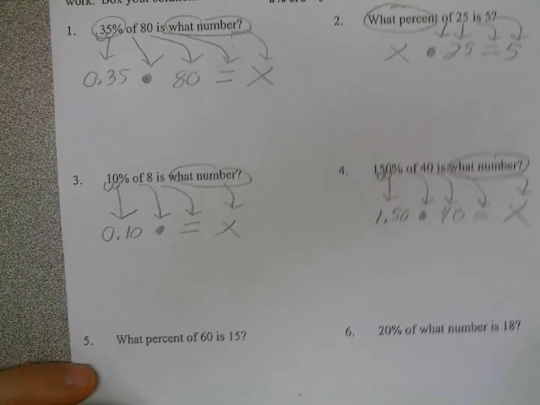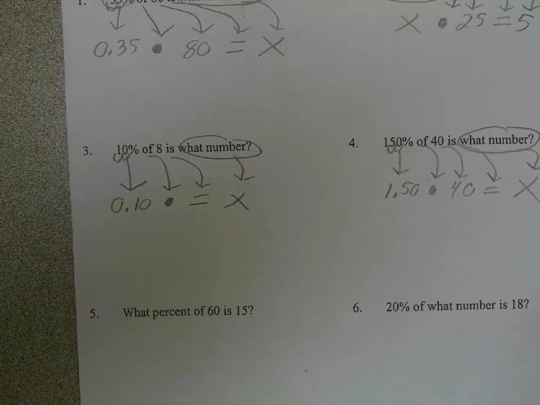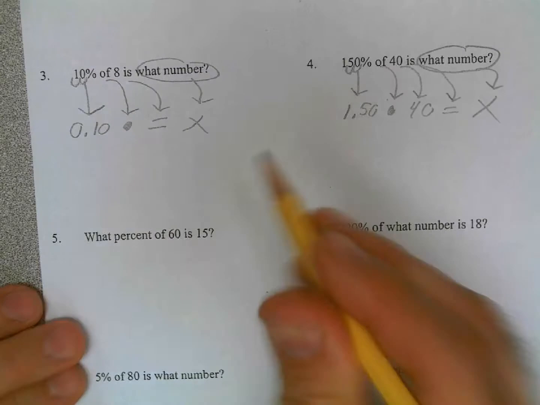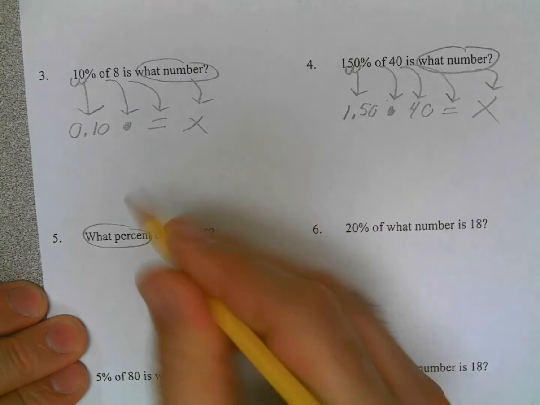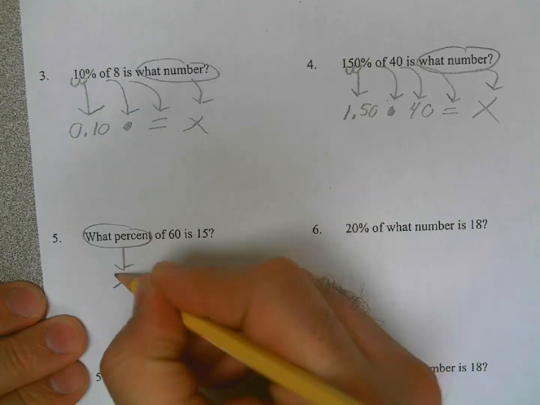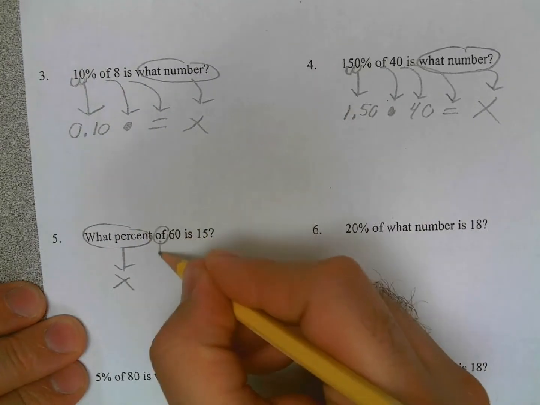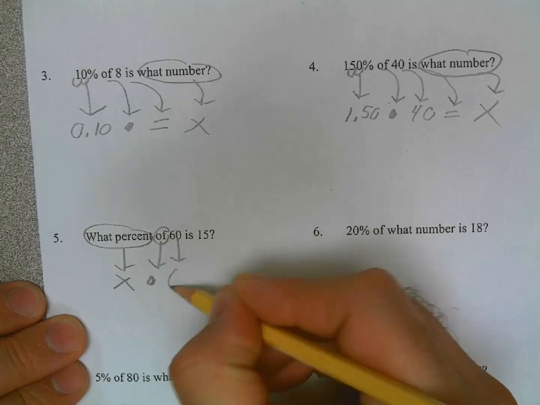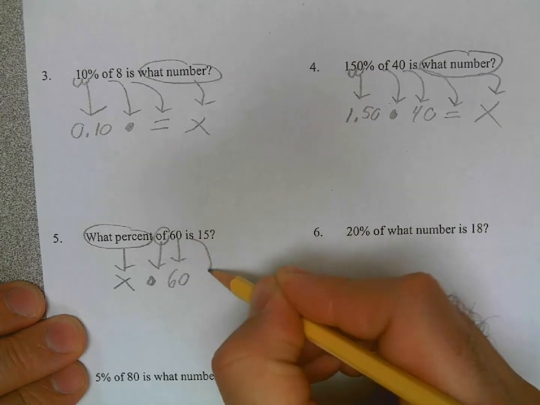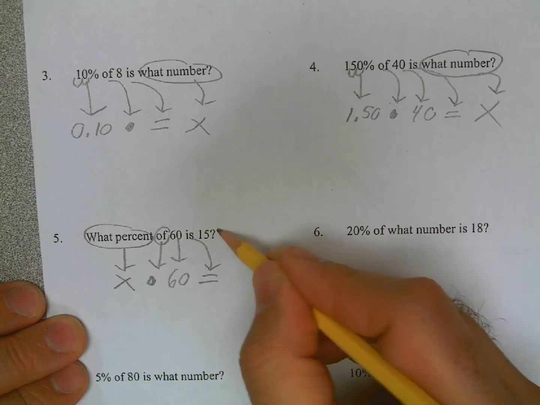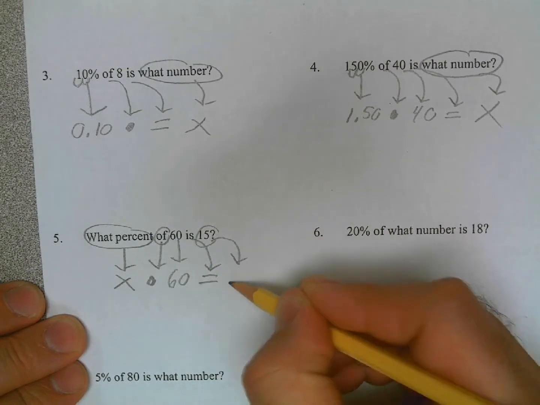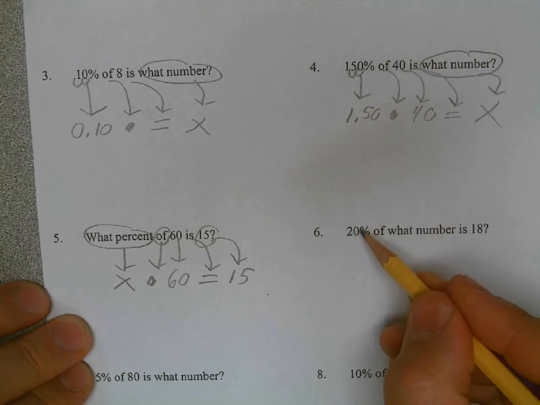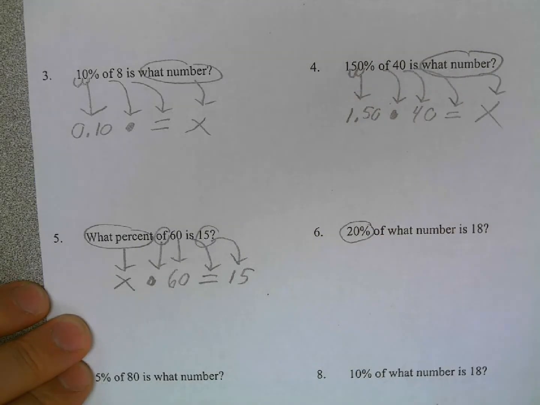Okay? What percent of 60 is 15? So the what is our x, of is our times, then we got 60, is our equal, and then 15 drops right down. Alright? This 20% right here is not really helping me.